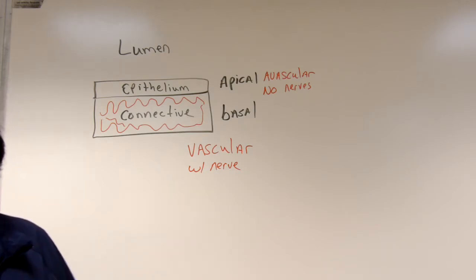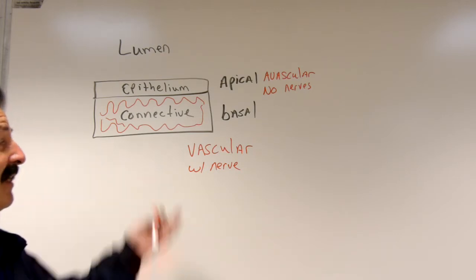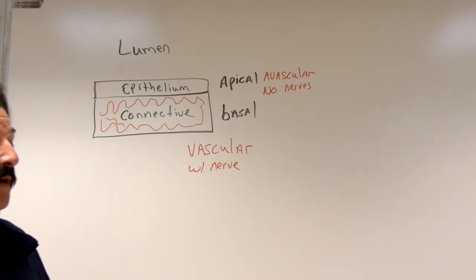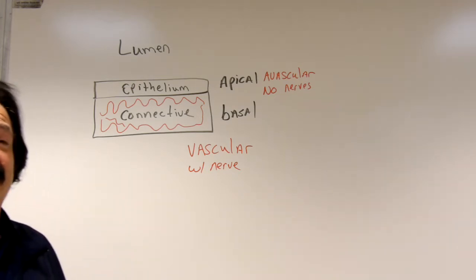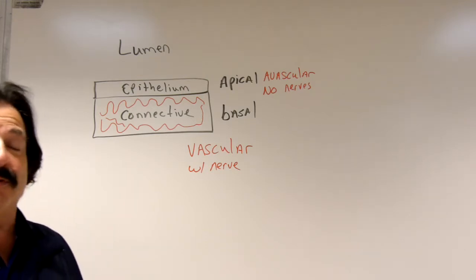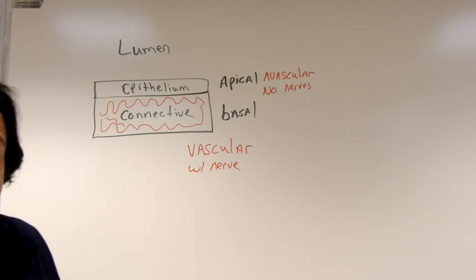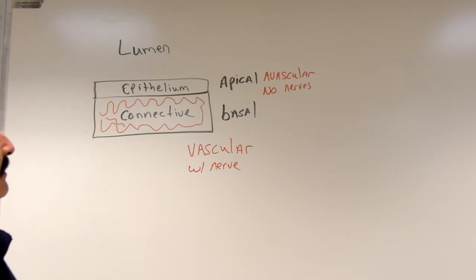There are other cavities in the body, but that will suffice in knowledge for what we're doing. And we actually continue along the GI tract for most of the locations of the epithelium and the connective tissue that we'll be talking about. All right?